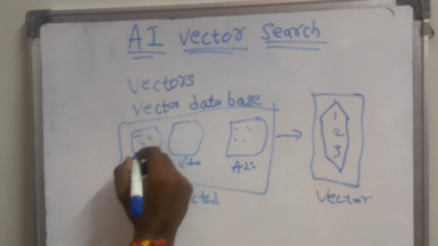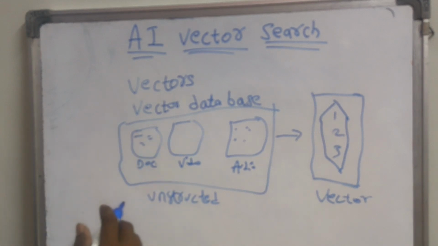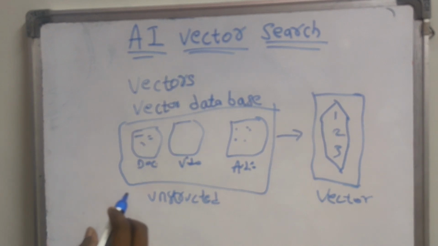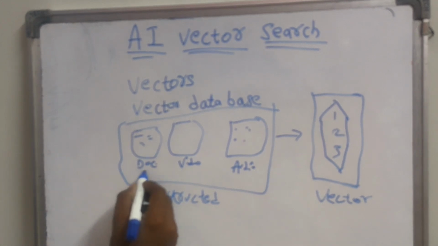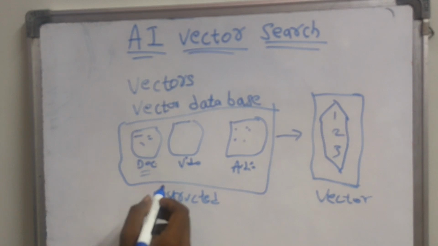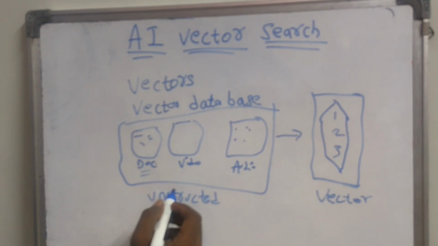There are multiple types of vector embedding models, and for each type of unstructured data we have a different vector embedding model.